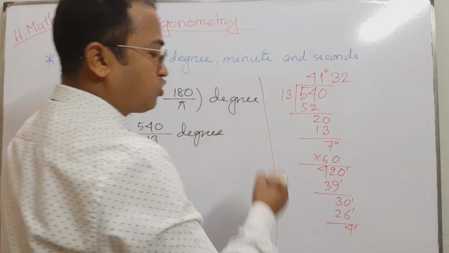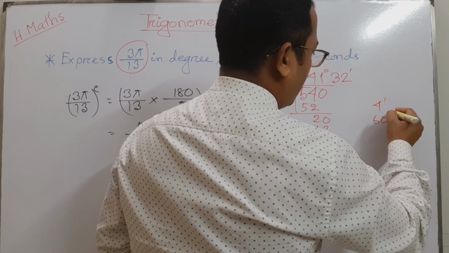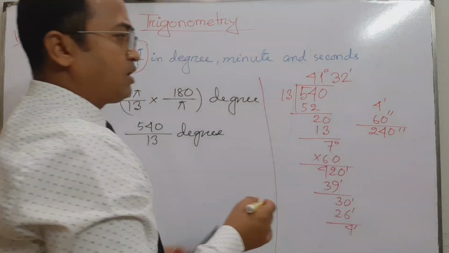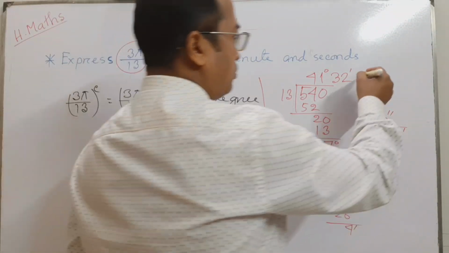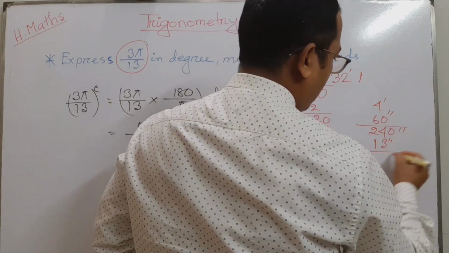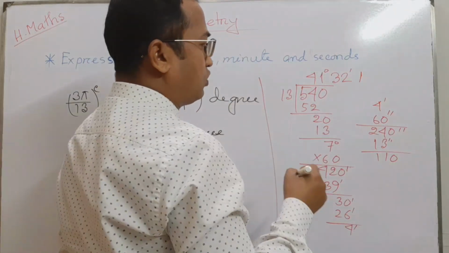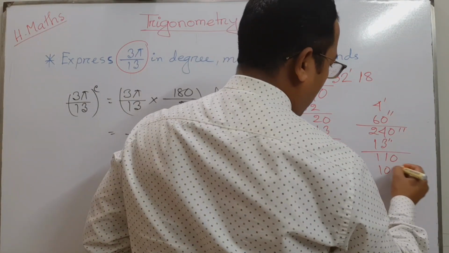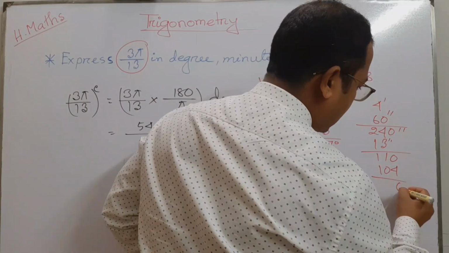So now we should convert this minute into second. Multiplied by 60, that is 240 second. Now divide this 240 second by 13. It goes one time 13, that is 13, 110. Now it goes 8 times 104, that is 6.